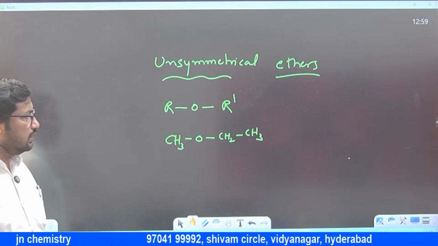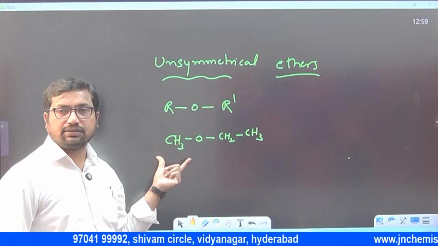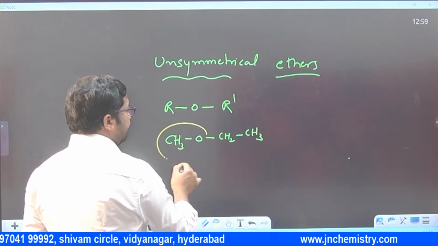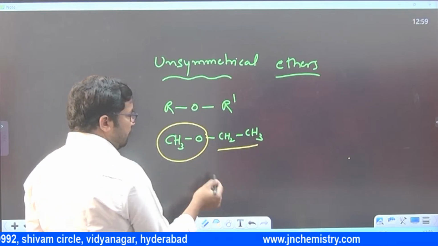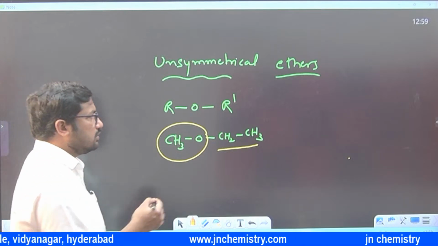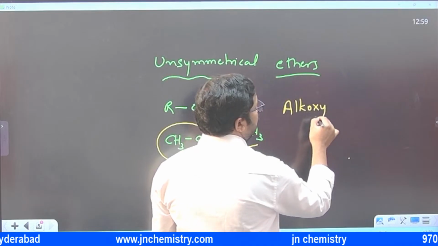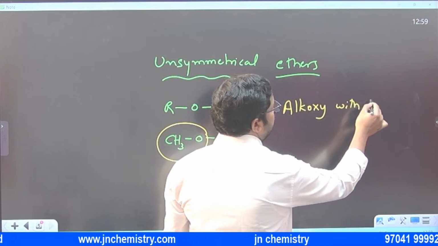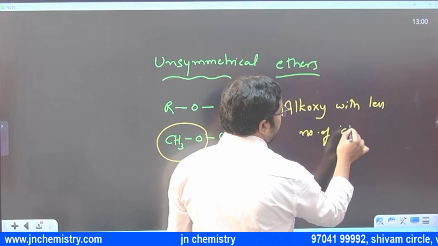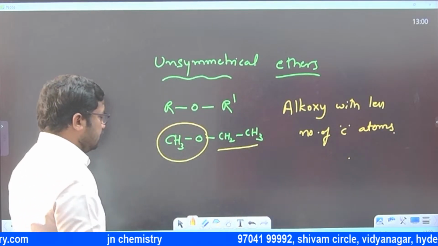In this case, Nana, so tell me methoxyethane or ethoxymethane? Methoxyethane. So means the oxygen goes with alkoxy with the less number of carbon atoms. So methoxyethane.